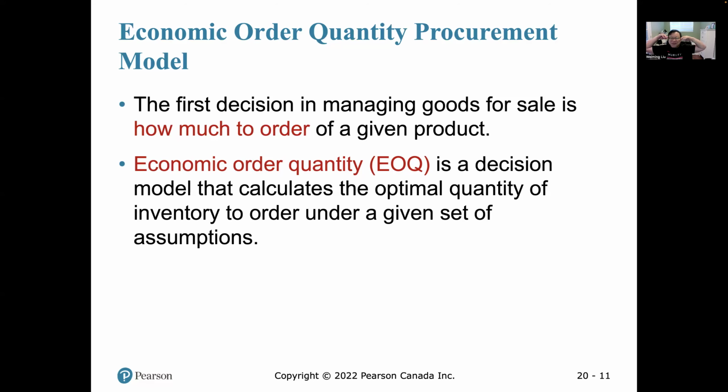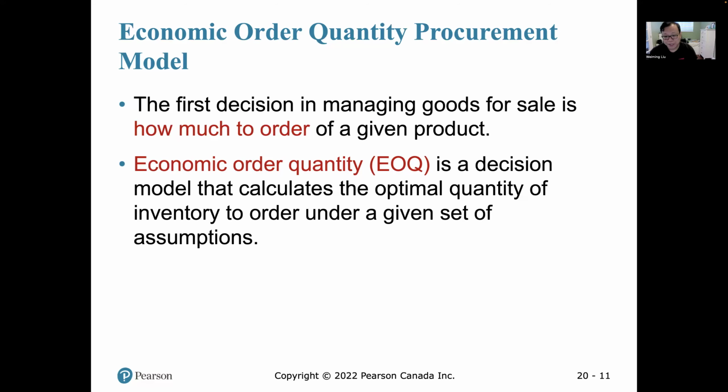At one point, if I order this much, the total ordering cost and carrying cost is at the minimum. That's what EOQ, economic order quantity, is about. This is the decision model that calculates the optimal quantity of inventory to order, the quantity that will give you the lowest cost.